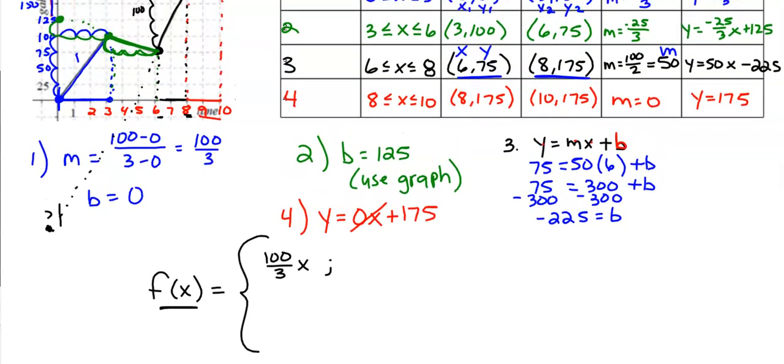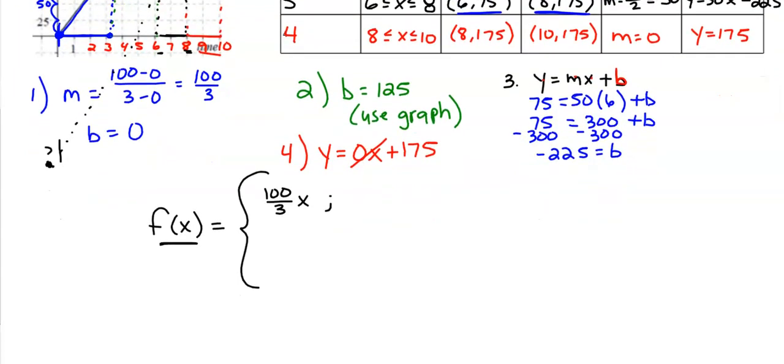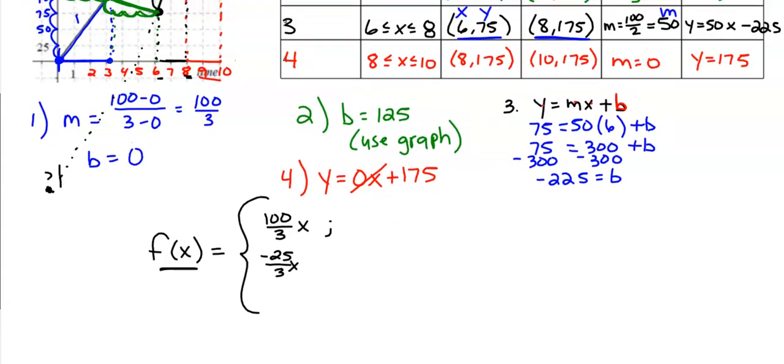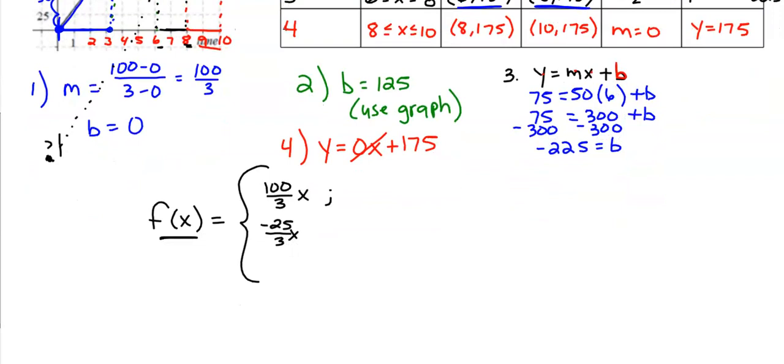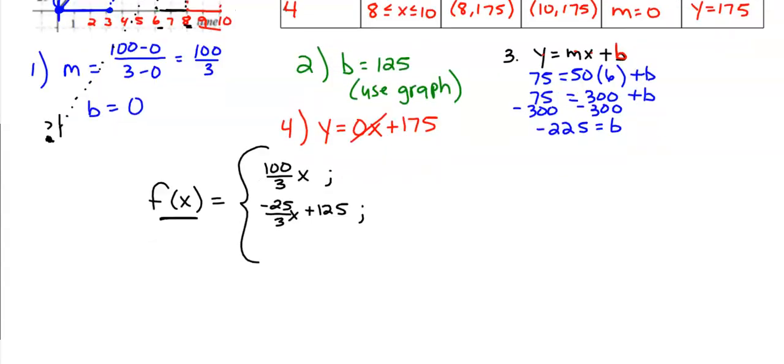The second one was negative 25 thirds x. And what was that one? Plus 125? The third one was 50x minus 225. And our last one was 175.